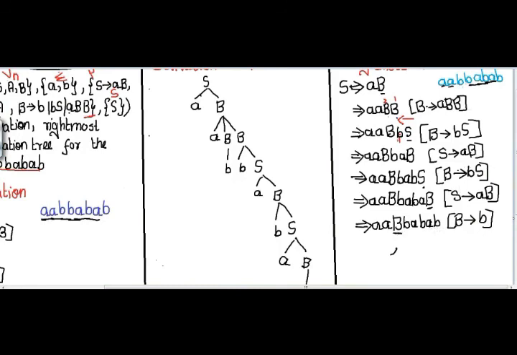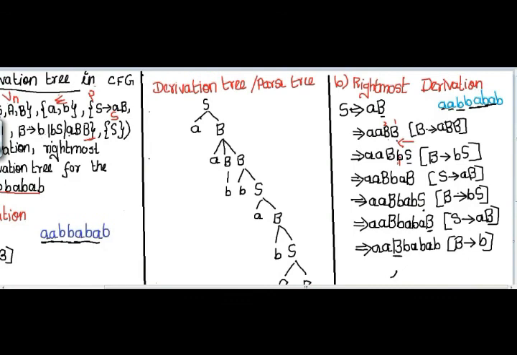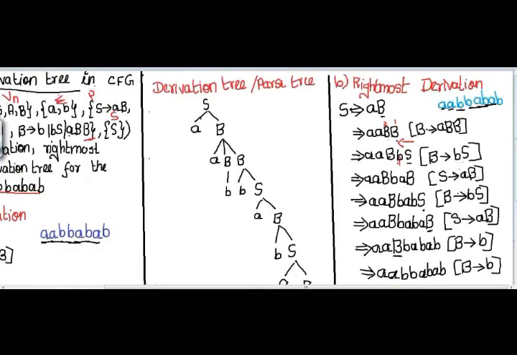The next character I need here is B. All others I completed. So instead of this B, I am going to substitute small letter b. Same thing I have completed in this part. So by rightmost derivation I got A A B B A B A B.